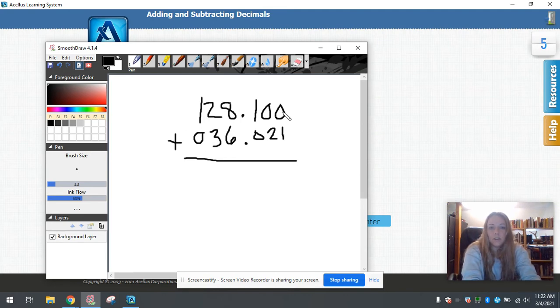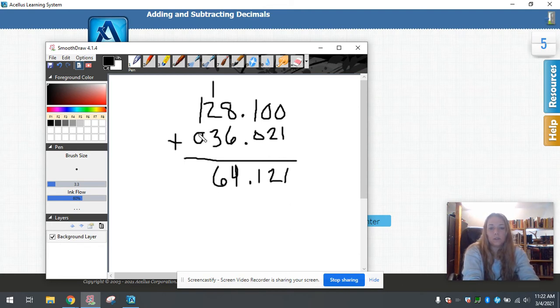So let's add these up. 0 plus 1 is 1. 0 plus 2 is 2. 0 plus 1 is 1. Bring down my decimal. 8 plus 6 is 14. I wouldn't write the 1 here; I'm going to carry it up here. 14, so 4, carry the 1. 1 plus 2 is 3. Plus 3 is 6.